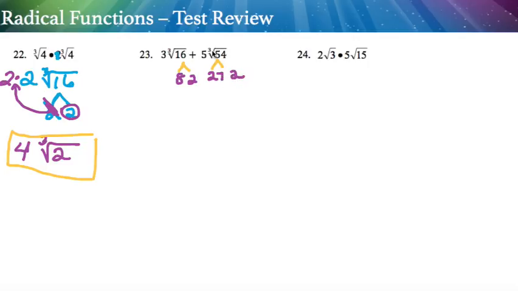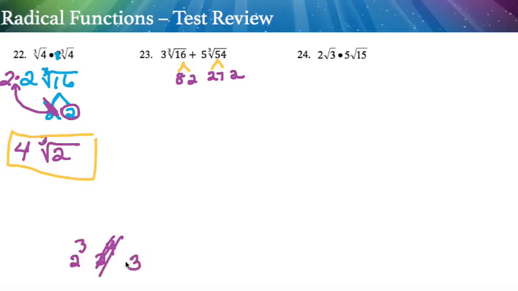Now, cube roots, how do you know what number to use? Let's see here, 2 cubed is 8, so I know that one works. 2 to the 4th is 16, okay? So I don't need fourths, so let's move on.